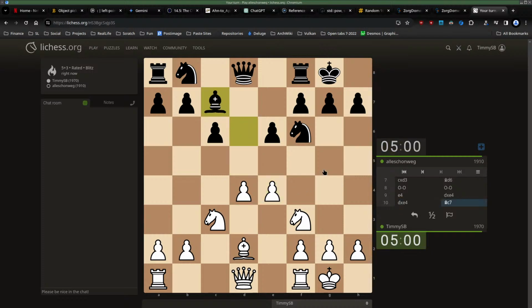Let's have two connected pawns. This pawn maybe? Whoa! Whoa! Really? I have to think about this one. I feel like doing this.